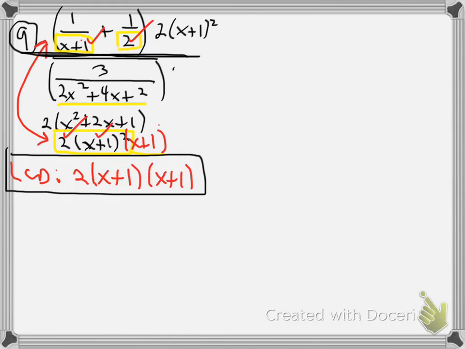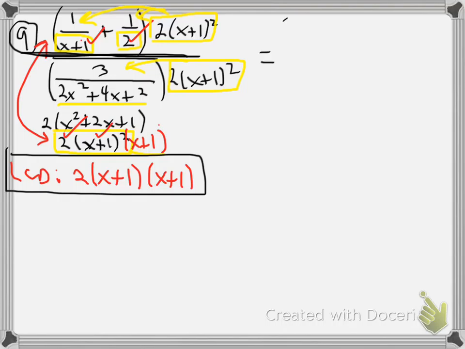Same thing on the bottom, 2x plus 1 squared. When I do the top, it's a little trickier because I've got to take this whole thing, multiply by it in here and in here. And this one's not as tricky because it's going to go inside times the 3.